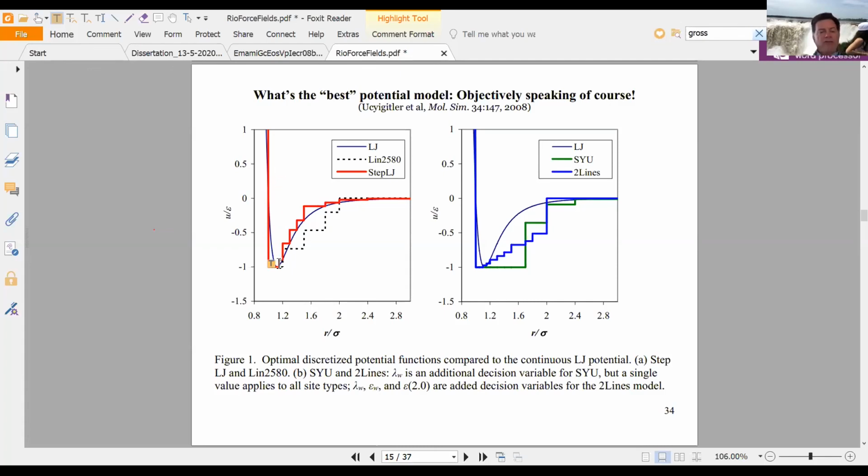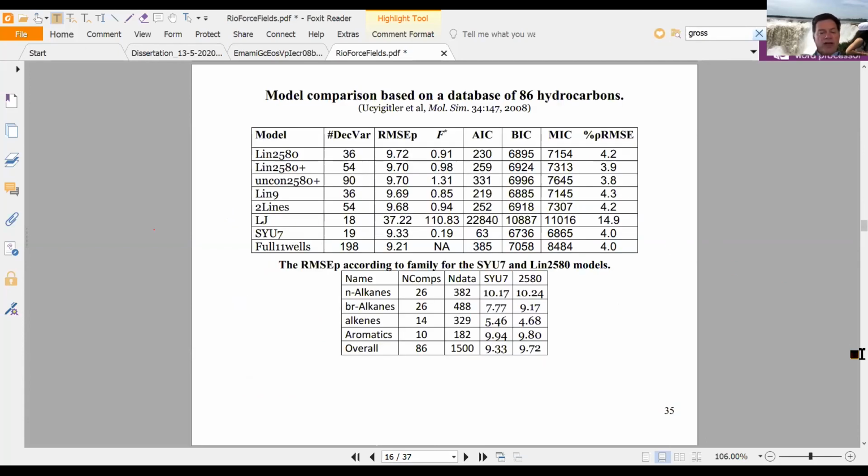So we only have these 4 potential steps, and now I'm going to show you one more thing. We interpolate 2 of them, so that eliminates 2 of the parameters. So now I just have inner well, outer well, and sigma. Those are my 3 parameters. And when I look in this table, for linear 2580 I've got essentially double the number of decision variables as I do for the step Yukawa.